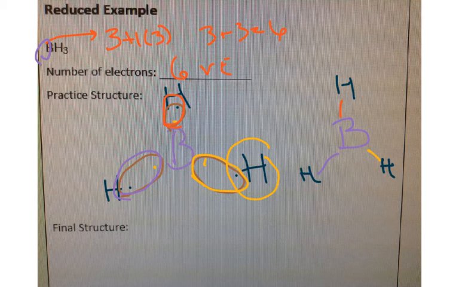I then need to check which ones have lone pairs. None of the hydrogens have a lone pair, and boron does not have a lone pair. So now I need to make sure that everybody's happy. Boron wants 6, remember, so it would have 2, 4, 6 electrons. Every hydrogen only wants 2, so I've got 2 for this guy, 2 for that guy, and 2 for that guy.